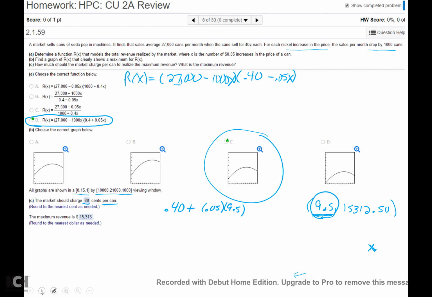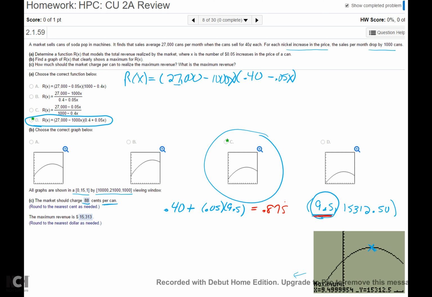Okay, so we are going to raise the price 9.5 times. Okay, so we were charging 40 cents. If I type this in, okay, if I do 0.40 plus 0.05 times 9.5, I get 87.875, which if I round that to money, that's 88 cents a can.